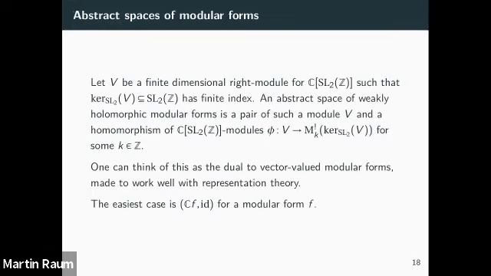Actually, I skipped the slide. Let's stay in order. Abstract spaces of modular forms is basically in the background. And this is an algebraic notion. We have a finite dimensional right module for C SL2Z, so the group algebra. This is obviously a C representation for SL2Z, but I prefer to write it as modules.